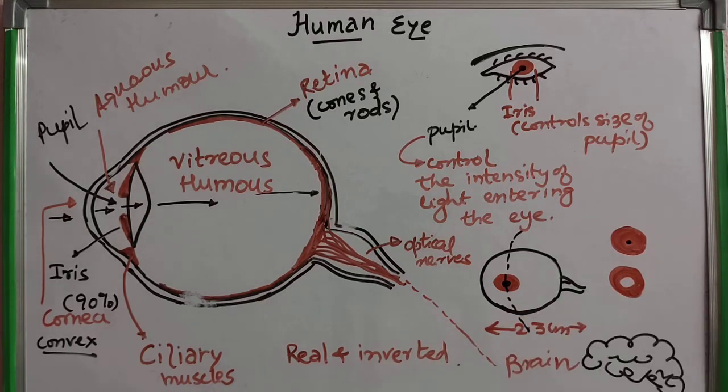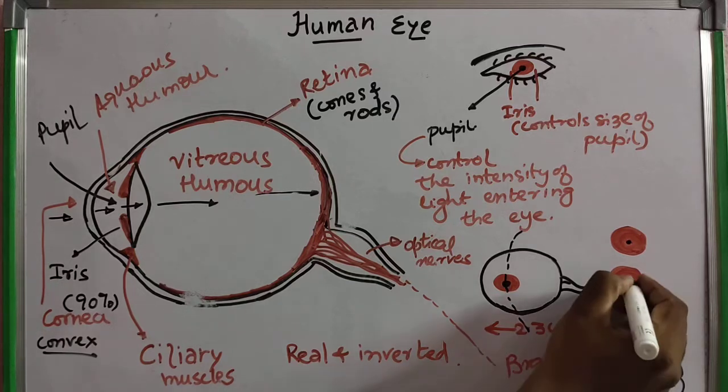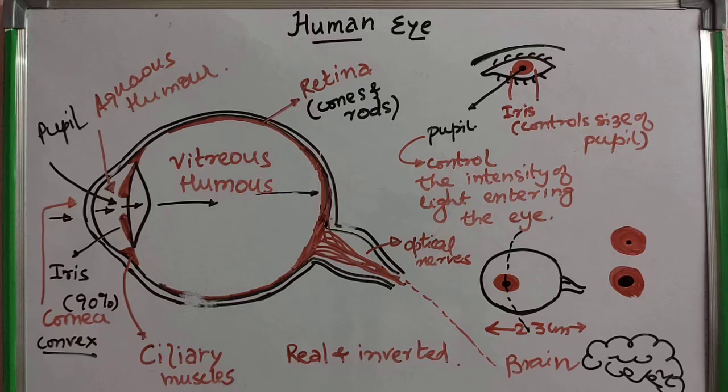Now the size of the pupil will increase, and more light has to pass. During the night also, if it's very dark, you will be able to see a little bit. Why? The iris will expand the size of the pupil so that the maximum amount of light enters, and you can see lightly even in complete darkness.